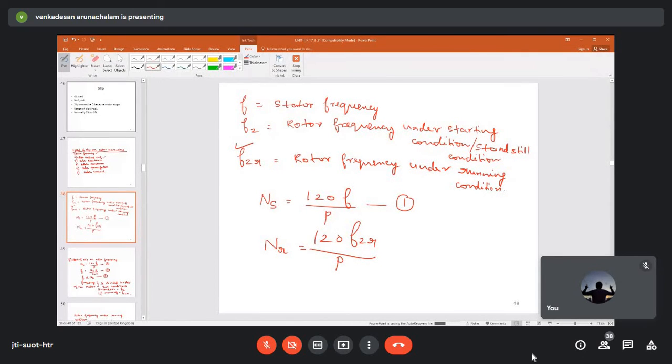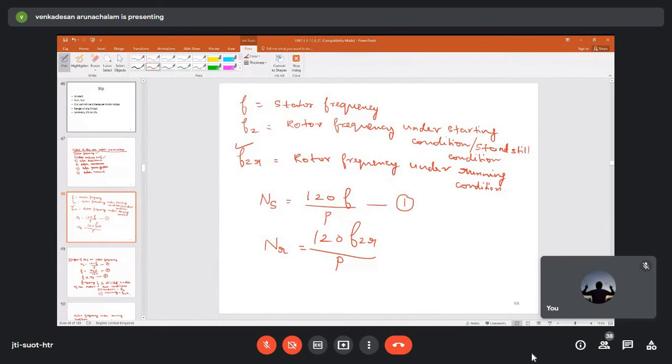See, all these things, how they have arrived is that simply, you have to measure all the parameters experimentally, right? You have to measure rotor frequency, and you have to measure stator frequency, and NS, NR. Experimentally, if you measure all these parameters, you see this rotor frequency is proportional to the difference between the synchronous speed and the rotor speed.